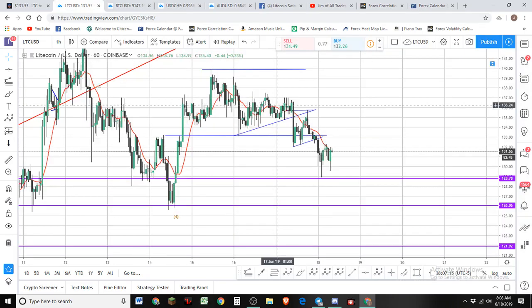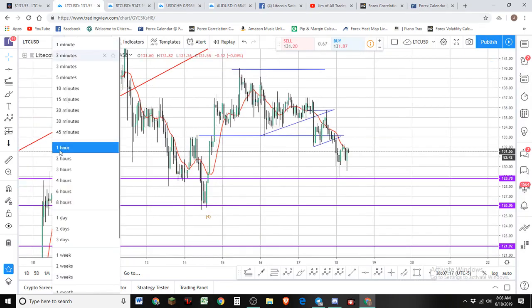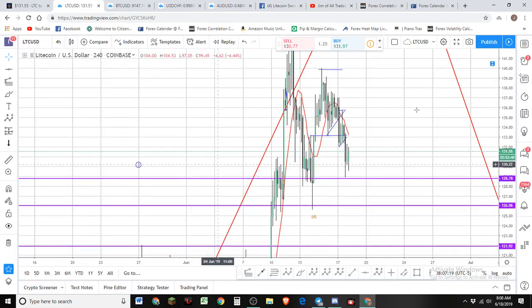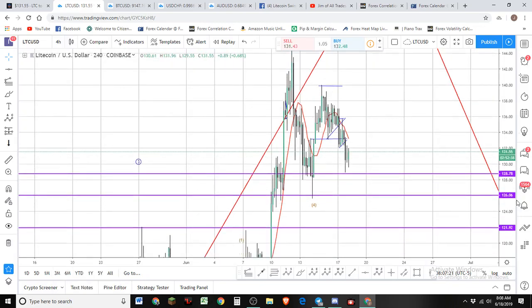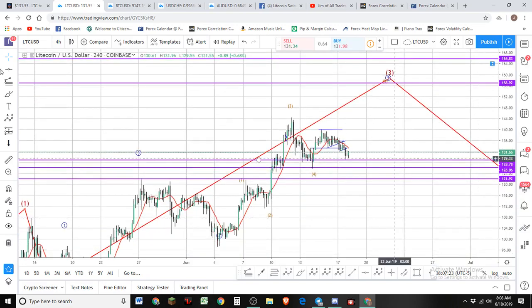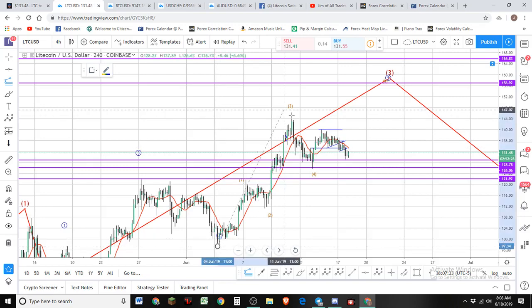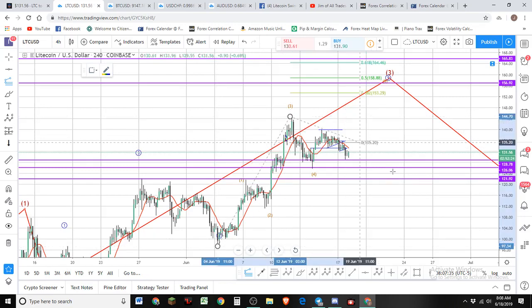Okay. All right. What are the targets if it heads to the upside? If it heads to the upside, we've got targets north. Let's check it out here. Based on my count here, which could be wrong, by the way.